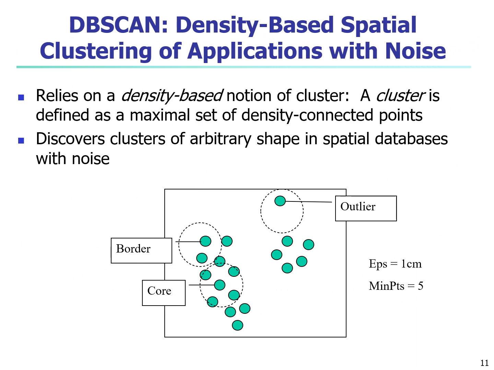Now let's talk about density-based spatial clustering of applications with noise, which is the DBSCAN algorithm in particular. It relies on the density-based notion of cluster, what we just explained, where a cluster is defined as a maximal set of density connected points.